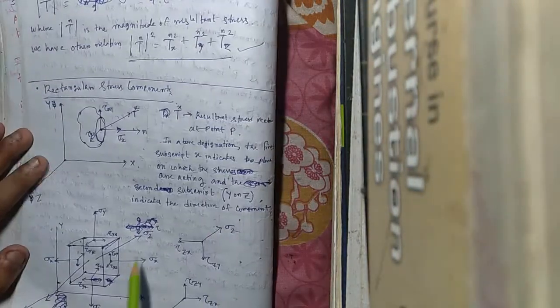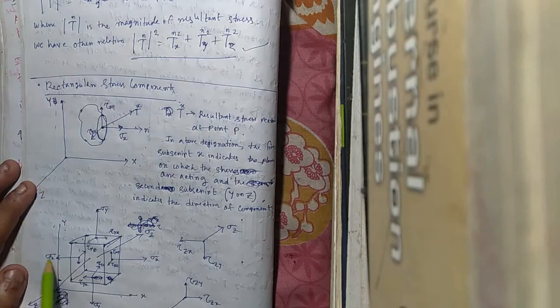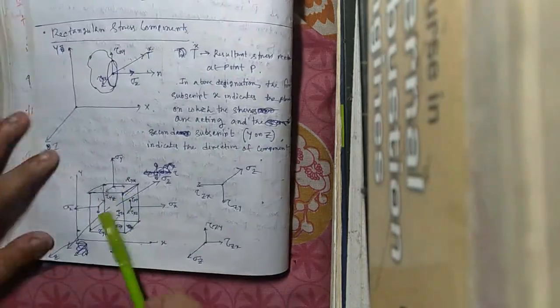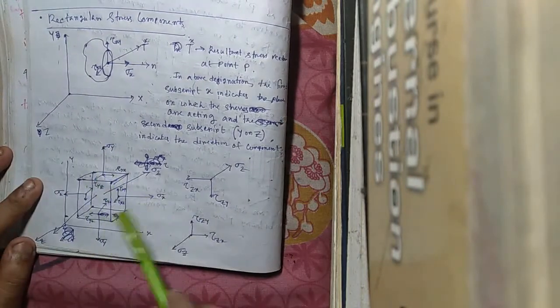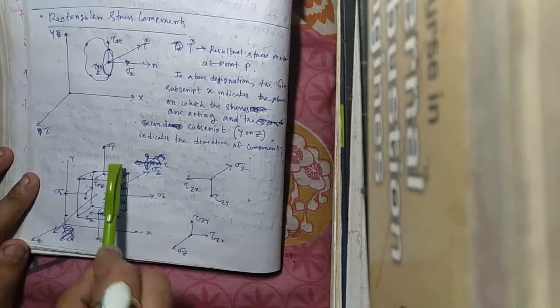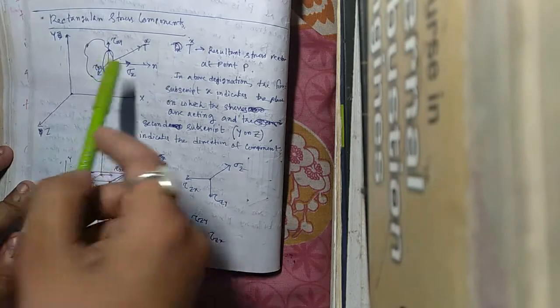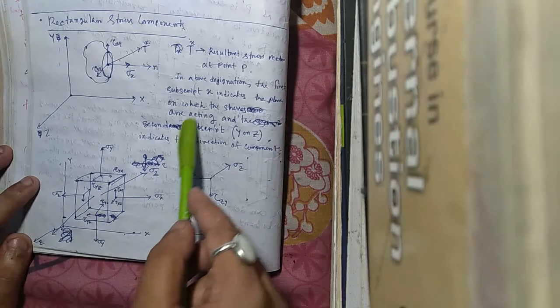Okay, so you can see that this is the positive axis and this is the negative axis. This is the positive x-axis, this is the negative x-axis, this is the positive y-axis, this is the negative y-axis, this is the positive z-axis, and this is the negative z-axis.